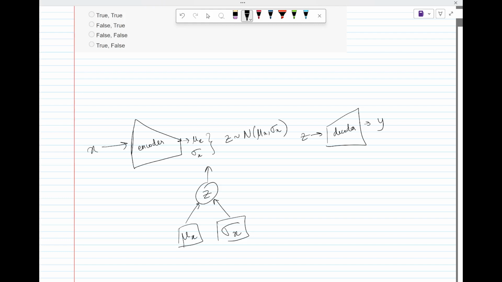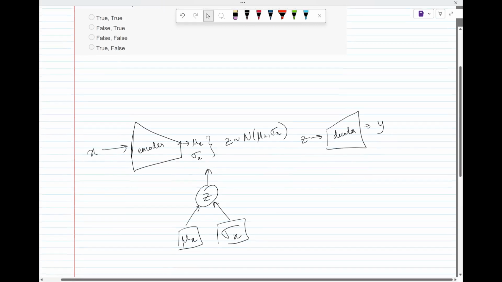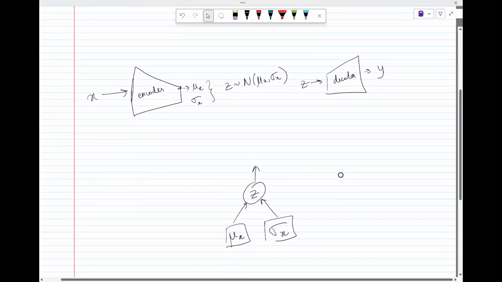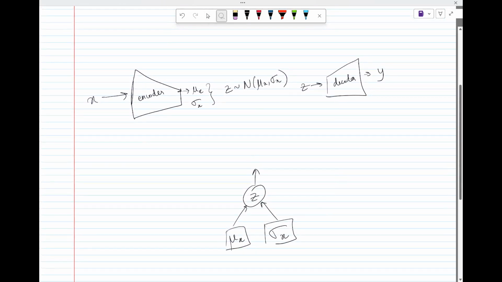Let's say there is some f of z, so this part you can evaluate as df by dz.